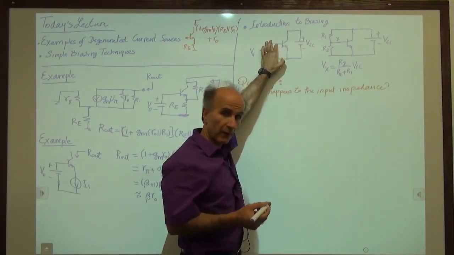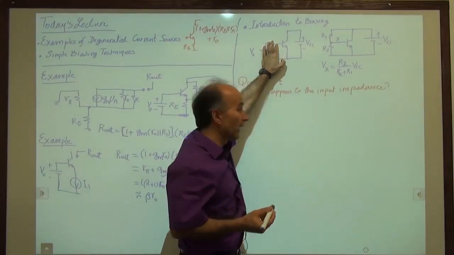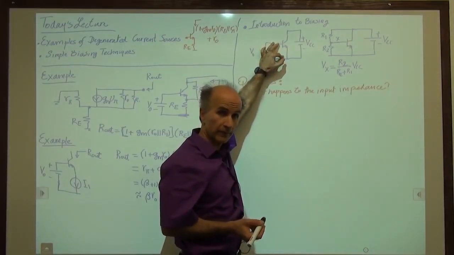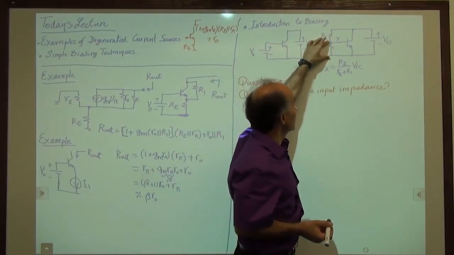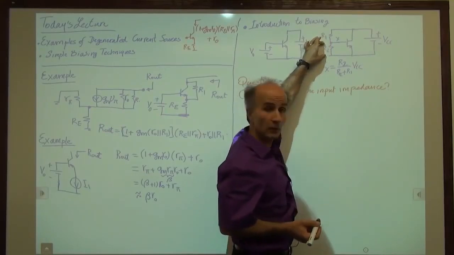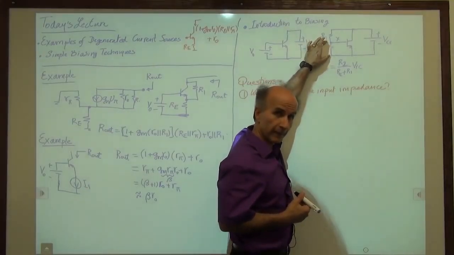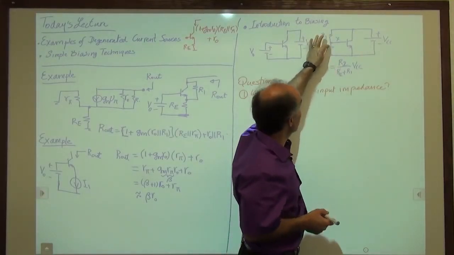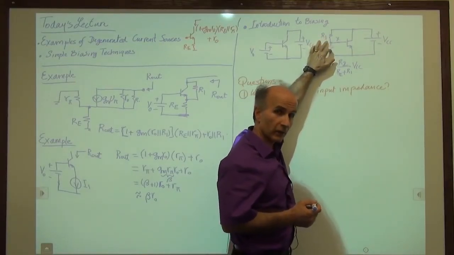We saw that if you have a microphone with a finite internal resistance, and we connect it between these 2 points, we will have some attenuation because this R pi is not very large. Now, what happens here? How much resistance do we see between these 2 points? Presumably, our signal will come to here and here, from a microphone or something. So how much is the input resistance that we see here now that we have added R1 and R2?